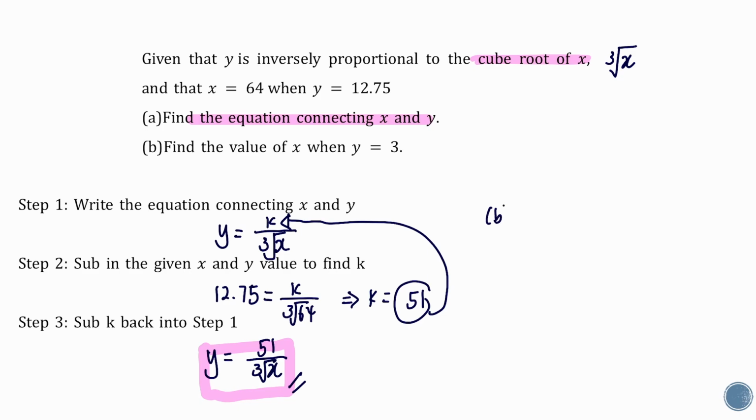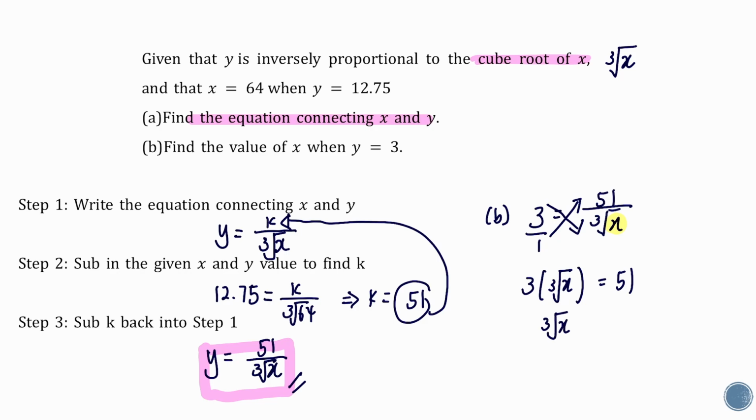For the next question, to find the value of x when y is equal to 3, we're going to sub in y equal to 3. Our aim is to actually solve for x. So we're going to first cross multiply. Put 3 over 1, and multiply across. So 3 times cube root of x will be 51.